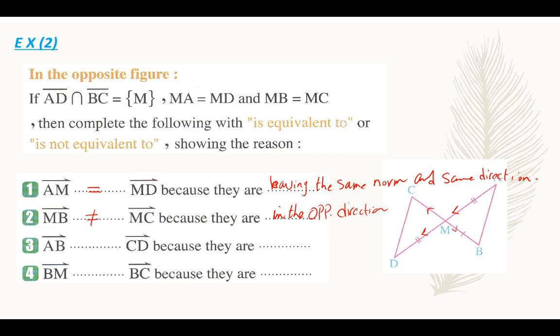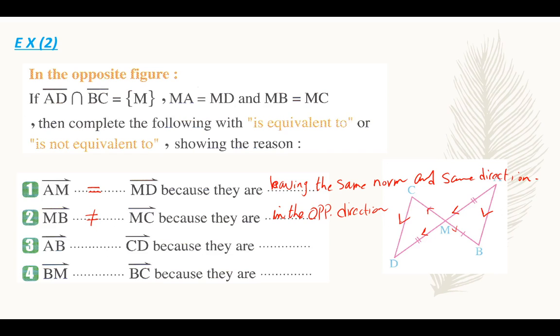AB and CD. This is the directed line segment AB, and the directed line segment CD. Here AB and CD are equal in magnitude.